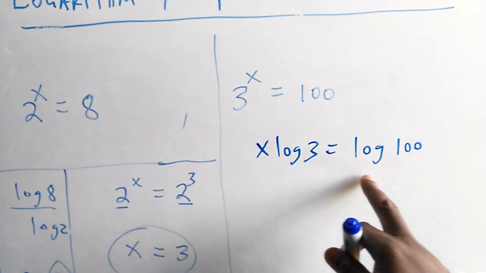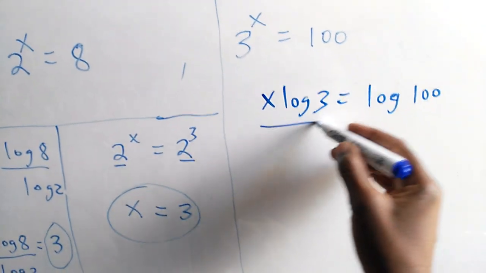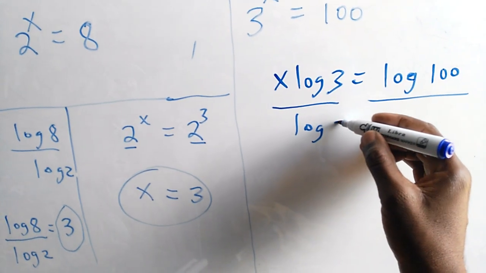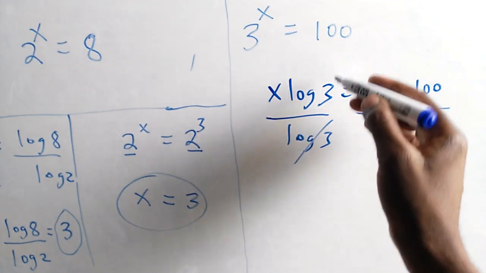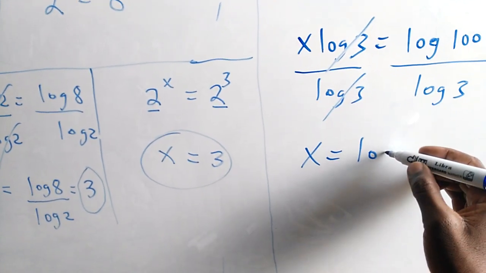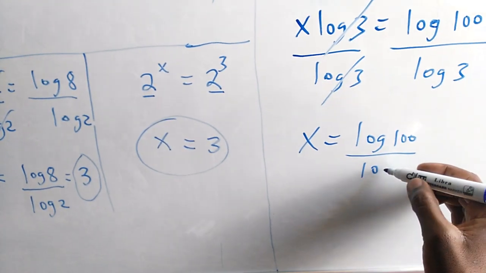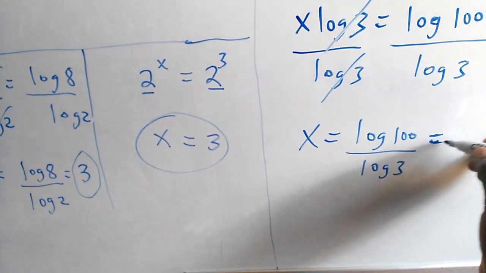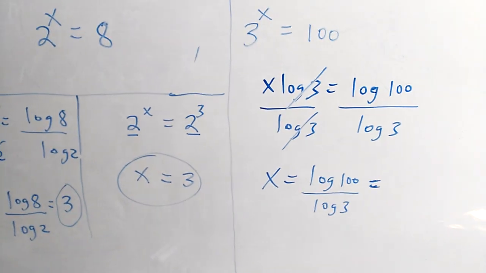Then divide both sides by the log given, so we can have the value of x. Our x is therefore log 100 divided by log 3. Whatever value you find there, that's the answer.